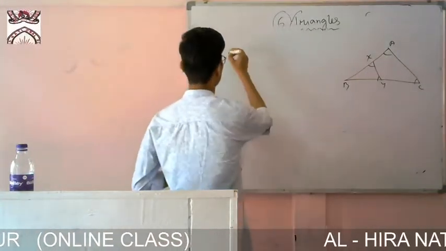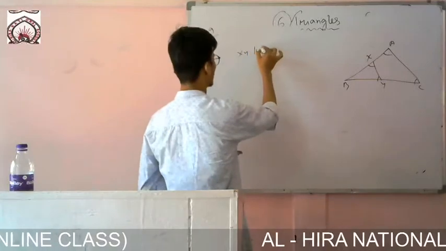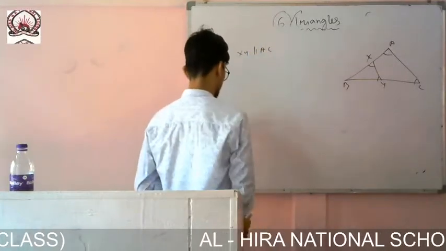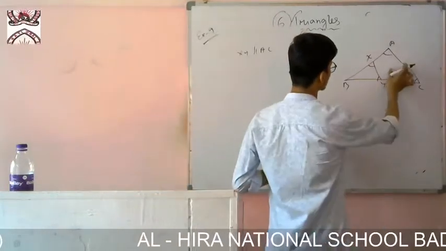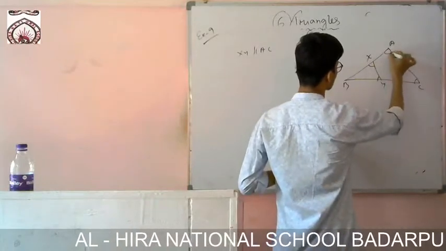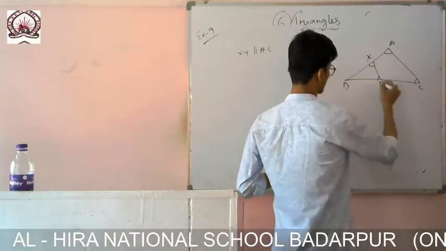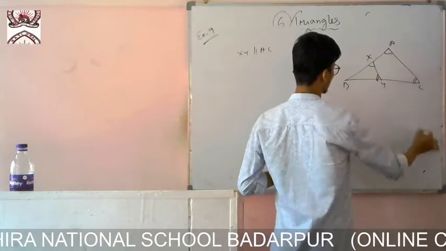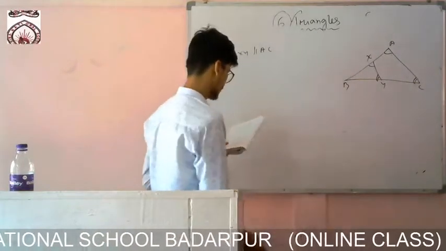So what we have, it is given in your book. We have XY parallel to AC. So if XY is parallel to AC, then this one and this one will be corresponding angles. Similarly, this one and that one will be corresponding angles.